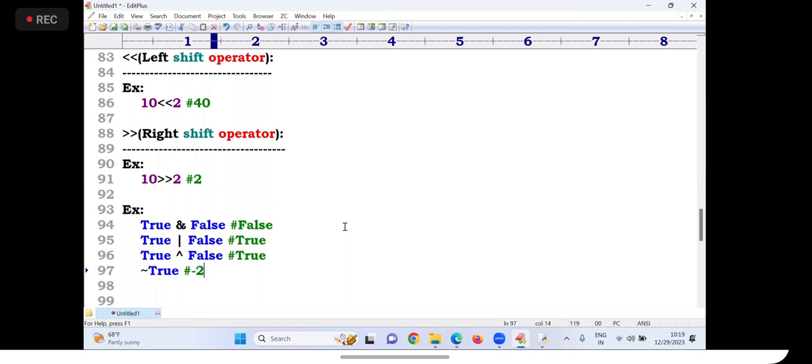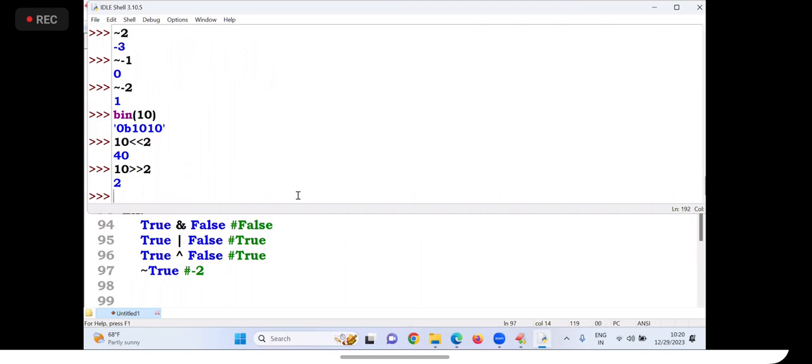The output is -2, not false. True means 1. 1 plus 1 is 2, so negation is minus of n plus 1, minus of 1 plus 1, which is -2. If any doubt is there, execute it.